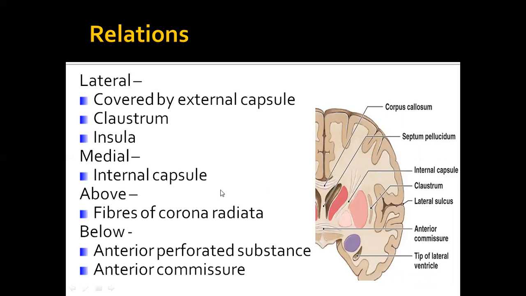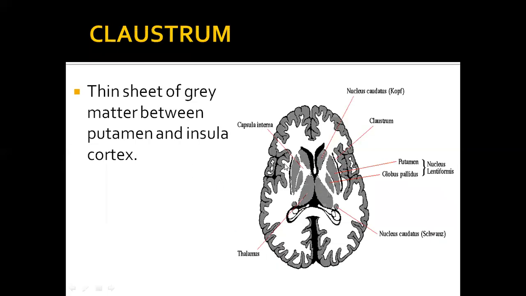Medially, you can see the internal capsule. Above, it is related to the fibers of the corona radiata, which fan out from the internal capsule, the ascending and descending tracts. Below, it is related to the anterior perforated substance and the anterior commissure. A commissure is nothing but connecting fibers between the two cerebral hemispheres. At the level of the frontal lobe, you call it the anterior commissure.